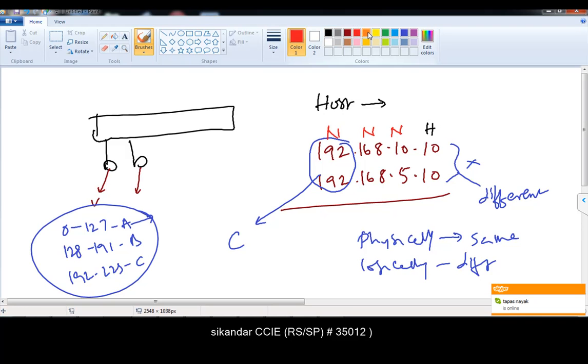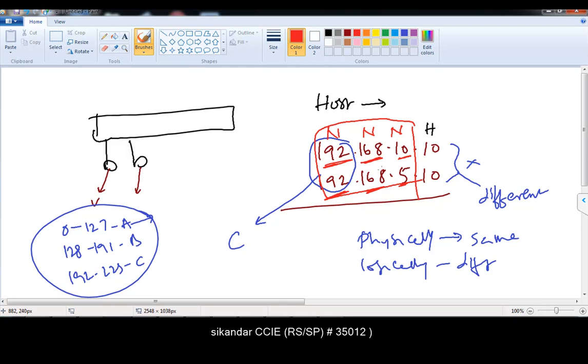In order to be in the same network, the network portion has to be the same. So in my example, the first three portions have to be the same in order to communicate. In this case, 192 is the same, 168 is the same, but the third portion is not the same. Only if the first three portions are the same do we call them the same network. So they will be considered logically different networks because they have different network portions, just like 301 and 401.